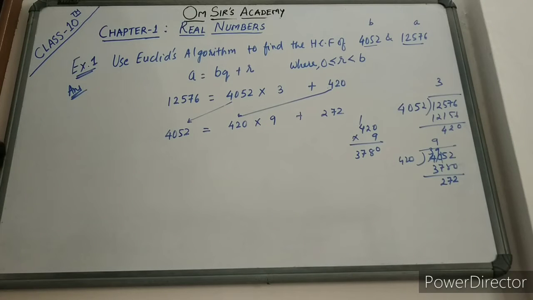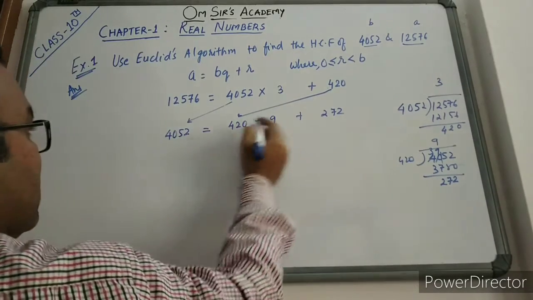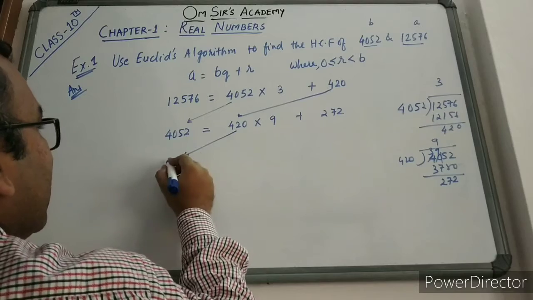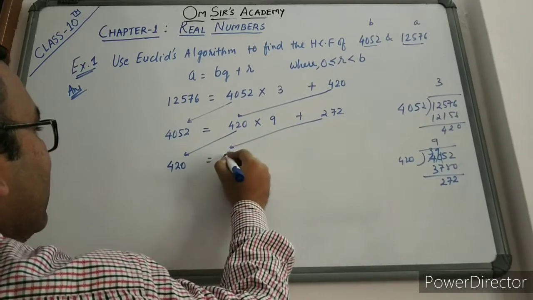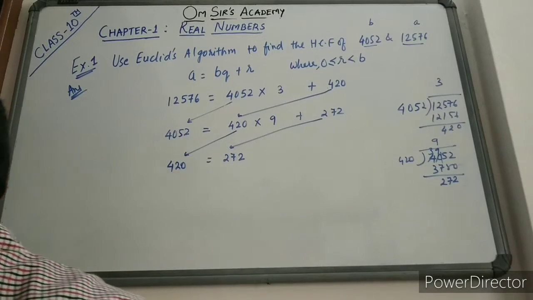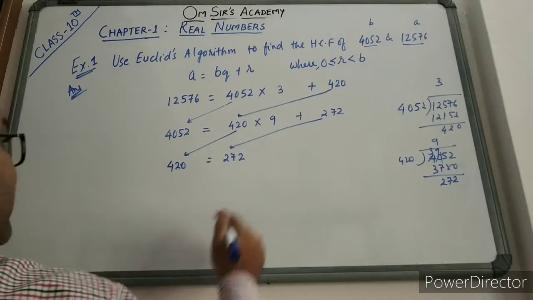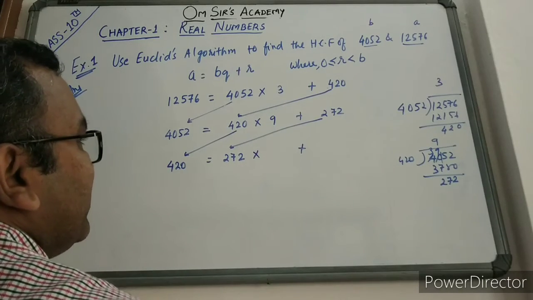Is it clear, friends? Now in the next step, this 420 will become my A in the third step, and this 272 will become my B. This remainder 272 will become B over here. So 272 into something plus remainder.